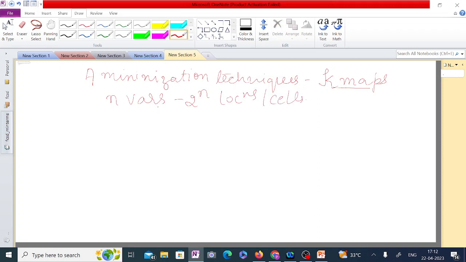Okay, so now see, if I have two variables, I will have 4 locations. If I have 3 variables, I'll be having 8 locations, and 4 variables, I will be having 16 locations.